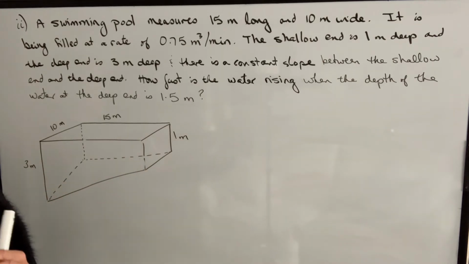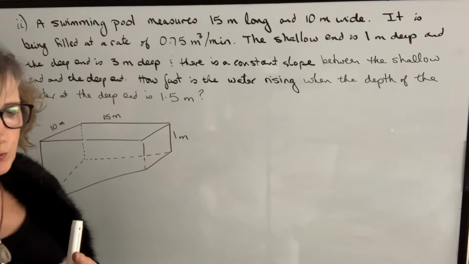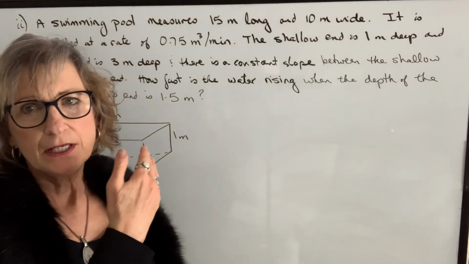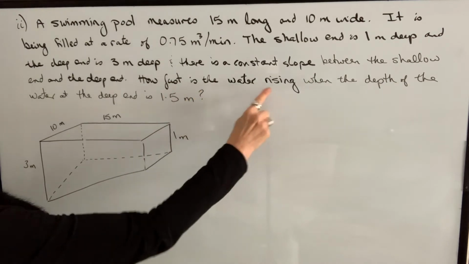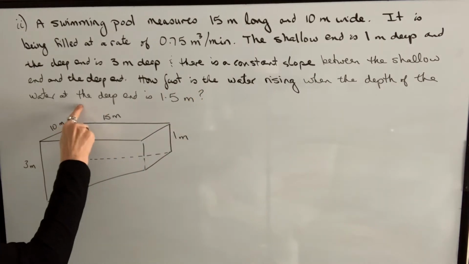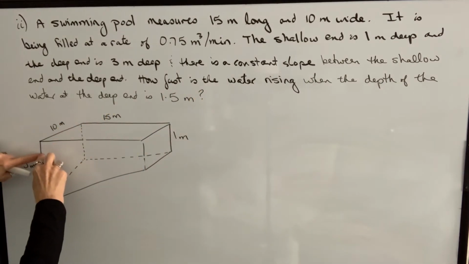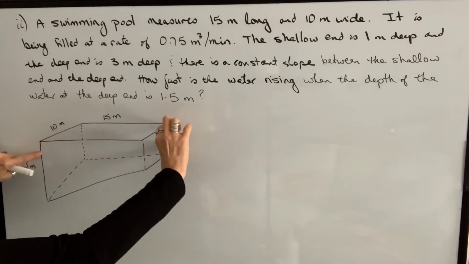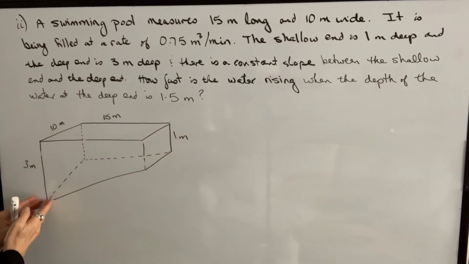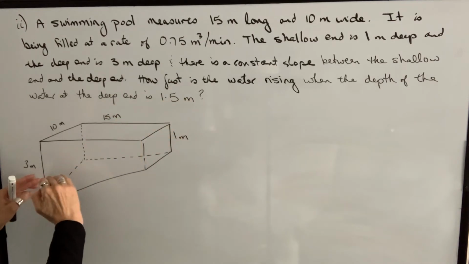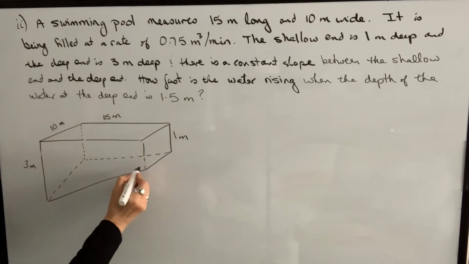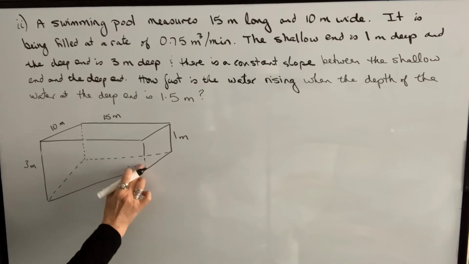So again, let's figure out what exactly it is we're working with. This is a different question than if I said, how fast is the water rising when the depth of water at the deep end is, let's say, 2.5, because then we're in the whole rectangular shape. But when it's rising at a height of 1.5 meters, it's below the rectangular part of the pool.